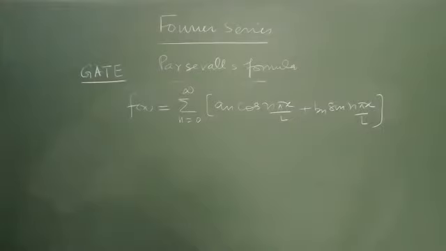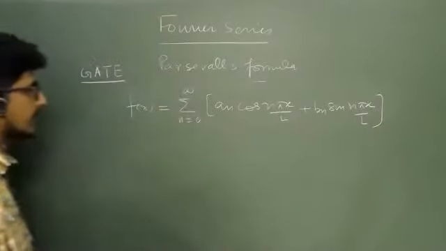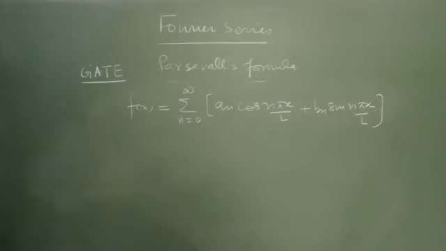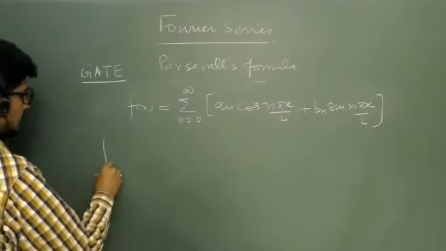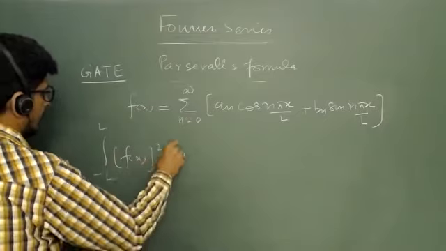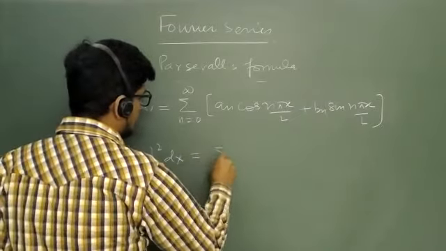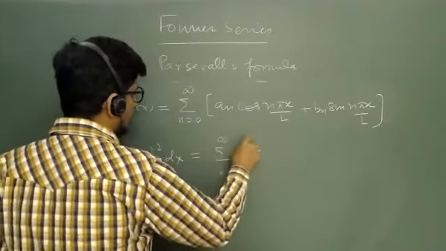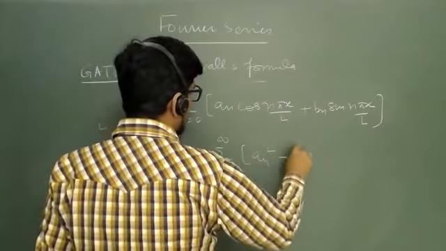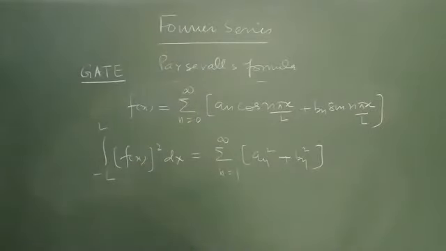So once you get the values of a_n and b_n, then we can write Parseval's formula, and again that will be the integral from minus L to L of f(x) square dx, and this side you will have summation n is equal to 1 to infinity of a_n square plus b_n square.